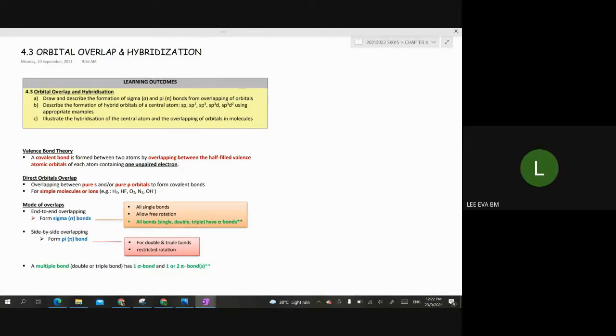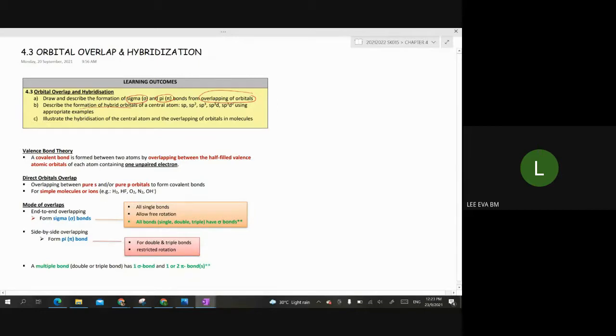4.3, orbital overlap and also hybridization. So in this subtopic, we are going to draw and describe formations of your sigma and also pi bond by using overlapping of orbitals. So we come back to orbitals, s, p, d. Then describe the formations of hybrid orbitals of the center, and we got sp, sp2 until sp3d2, using appropriate examples.